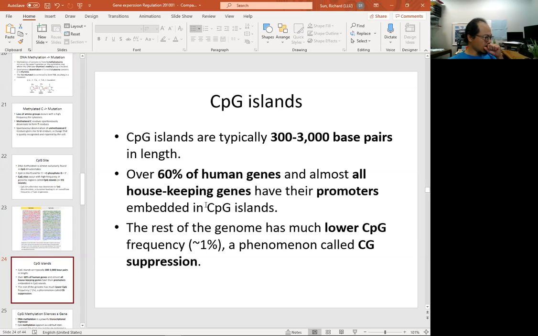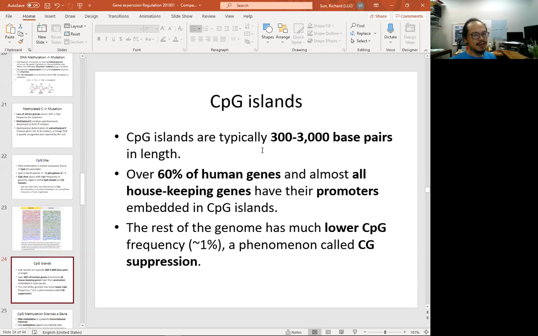This promoter is the region before the TATA box, right? Before the transcription, before the location of the initial transcription, it has this CpG island. So it's not random. This is a spatially located, meaningful location.